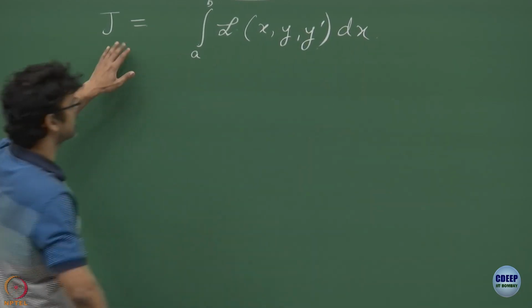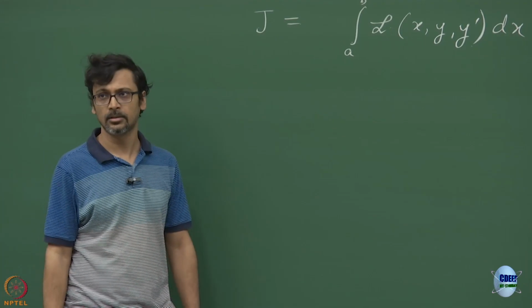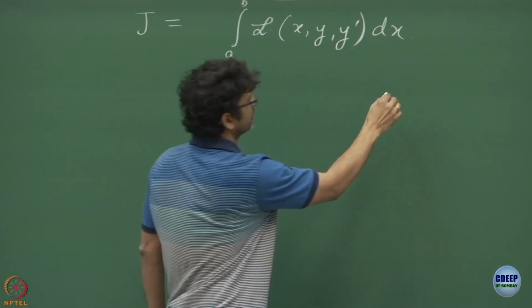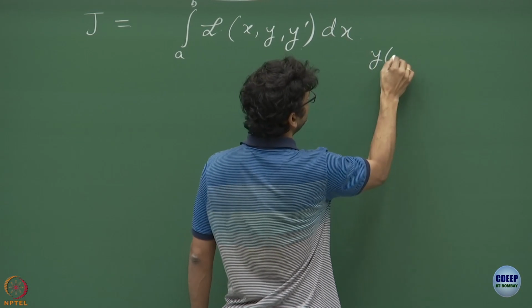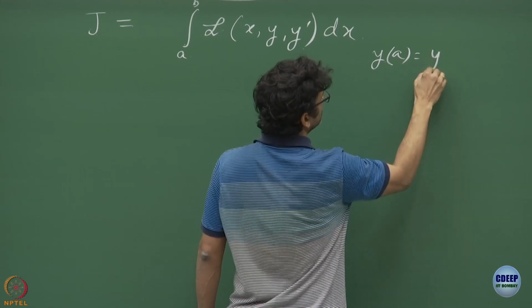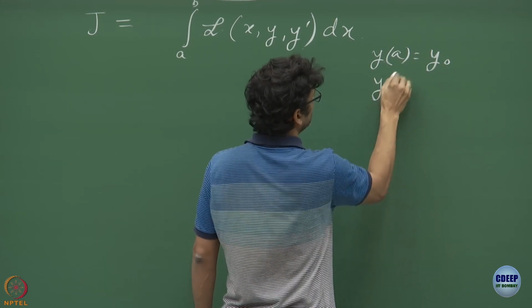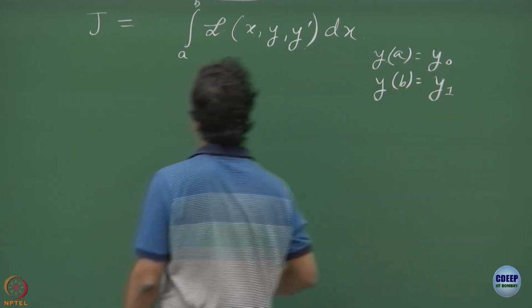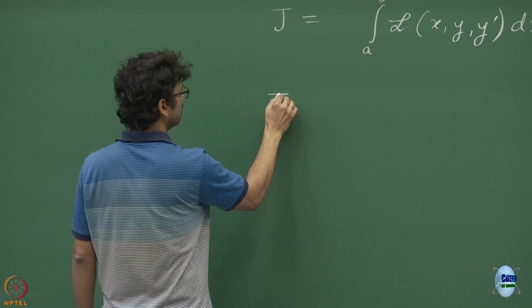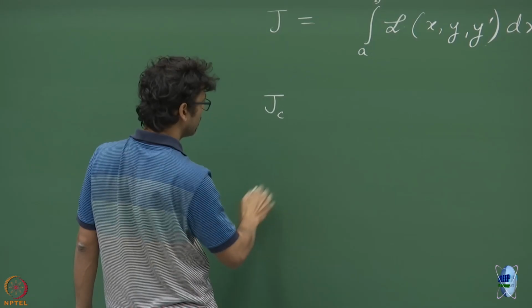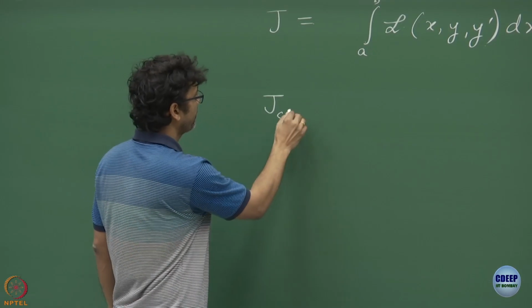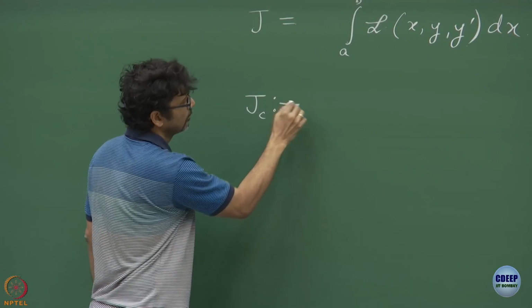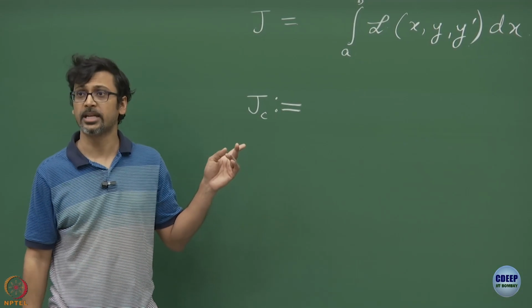So this is the cost function that we have to minimize. Of course, we will say that these are given, and this is the constraint that we have to also satisfy.